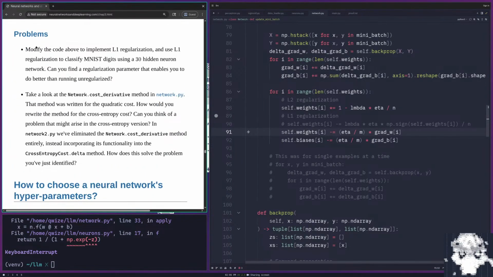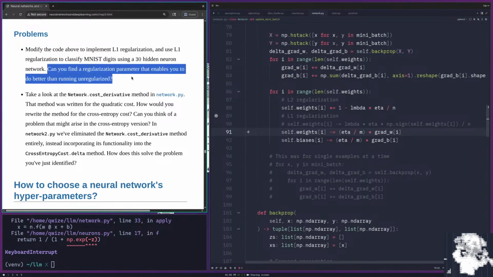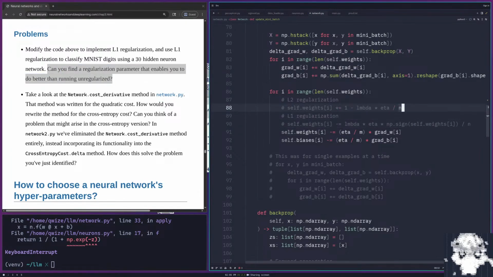Okay, problems. Modify the code above to implement L1 regularization. Done. Can you find a regularization parameter that enables you to do better than running unregularized? Yeah, we did, didn't we? Let's try that one more time.